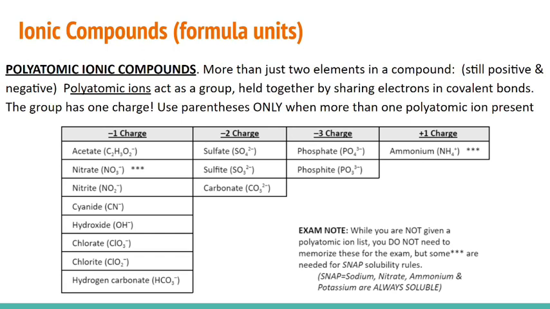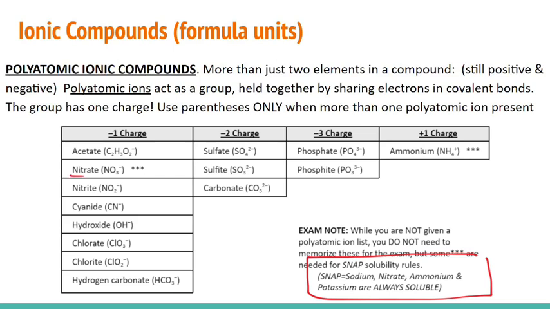We are going to talk about solubility rules. You might have noticed by now that there are no solubility rules written for you on the back of your periodic table like they were in honors. So we are going to have to memorize some simple SNAP solubility rules, which just tell us that sodium, nitrate, ammonium, and potassium are always soluble. That's literally all that we're going to be learning there.